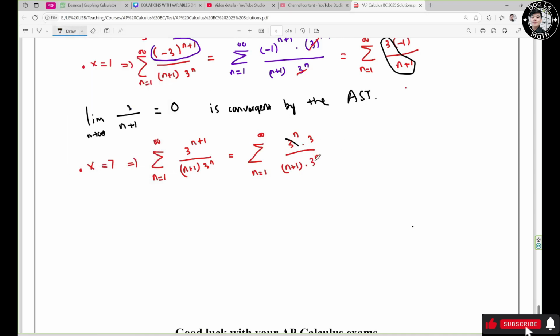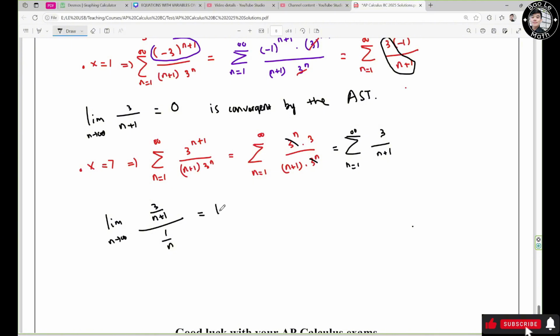And then we need to simplify this one, right? So it's going to be the sum when n goes from 1 to infinity of 3 over n plus 1, right? Now we take the limit of 3 over n plus 1. We compare with 1 over n when n approaches infinity.